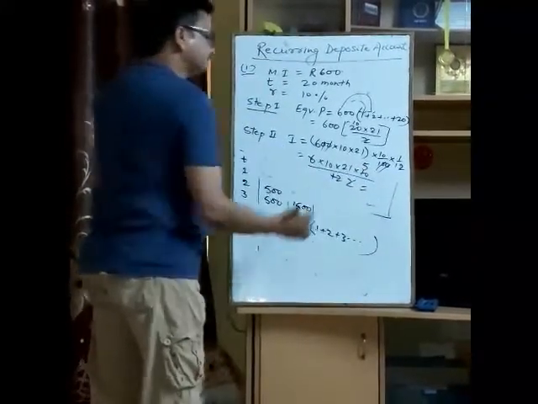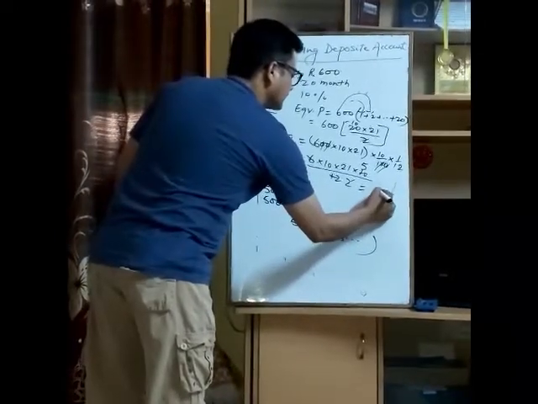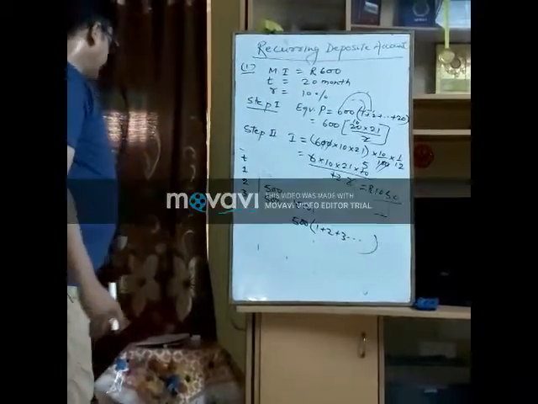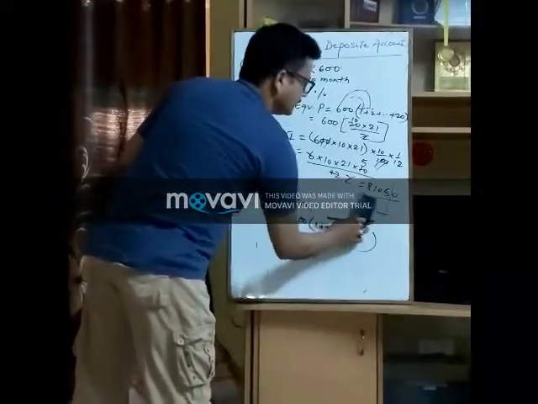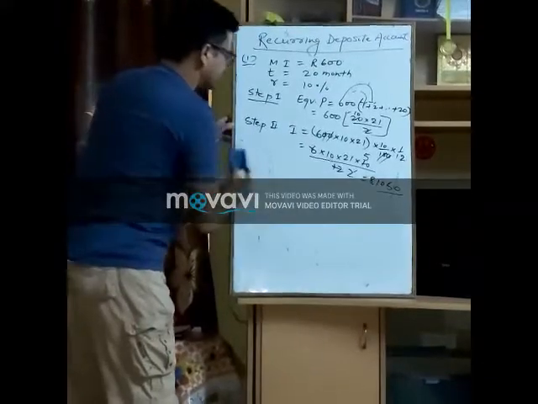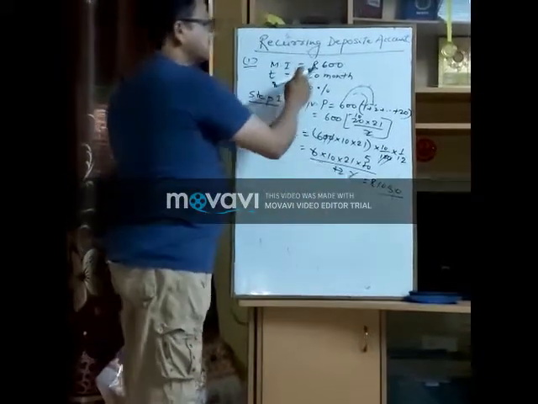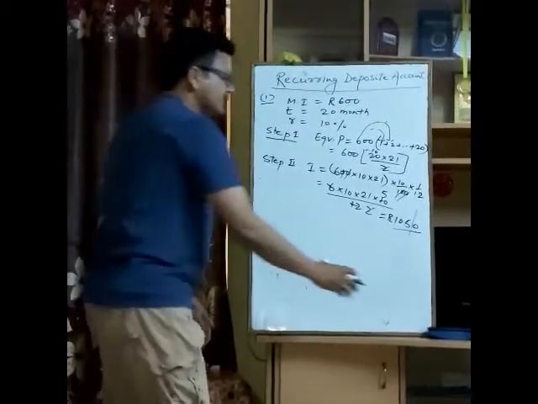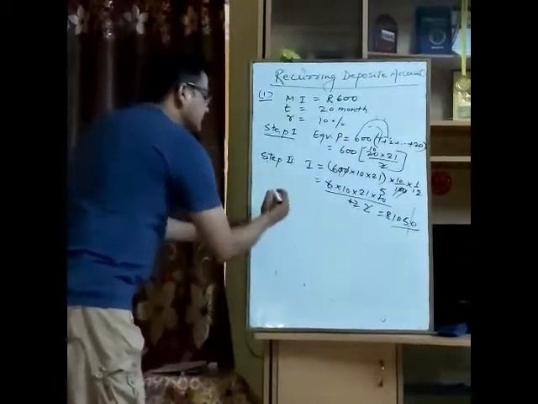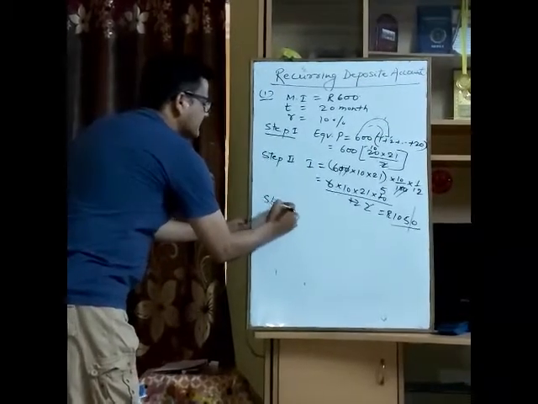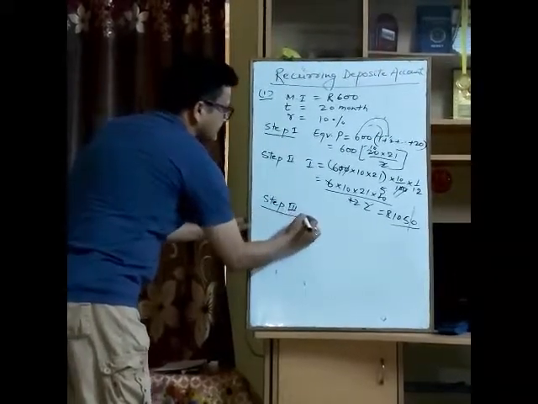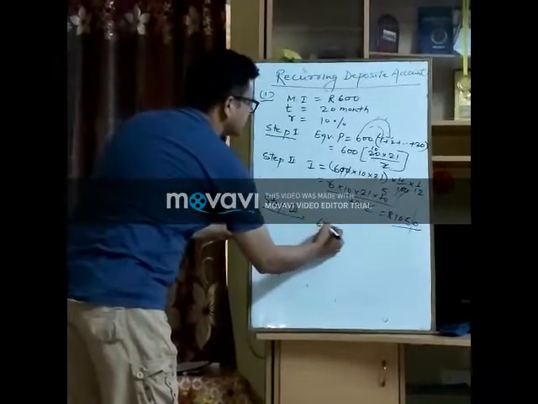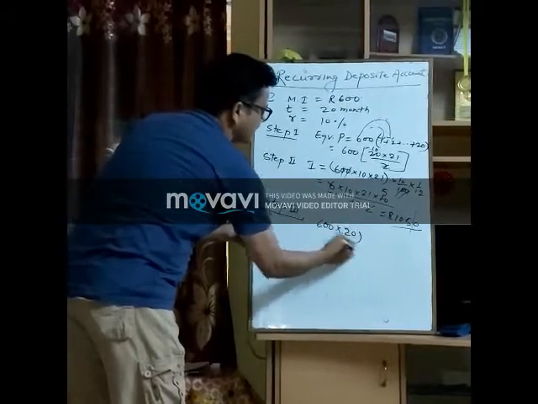It will come rupees 1050. We have calculated interest. Now at the end of this 20 month, what maturity value will come to the investor? So the step 3. He has deposited total amount 600 till 20 month.